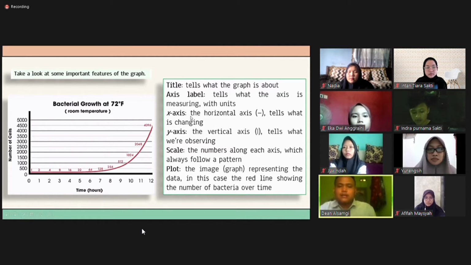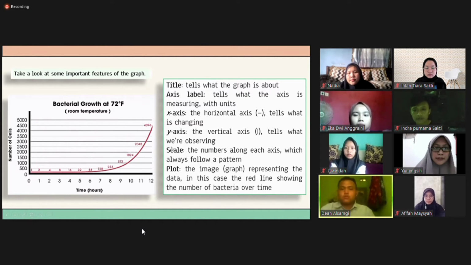The graph has two axes. First is the x-axis. The x-axis is the horizontal axis. The horizontal axis tells what is changing, which is time in hours, like 1 hour, 2 hours, and so on.